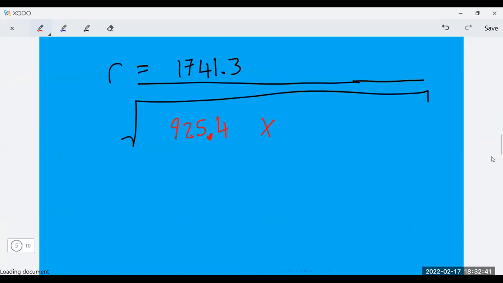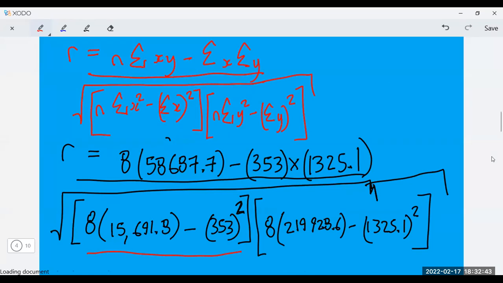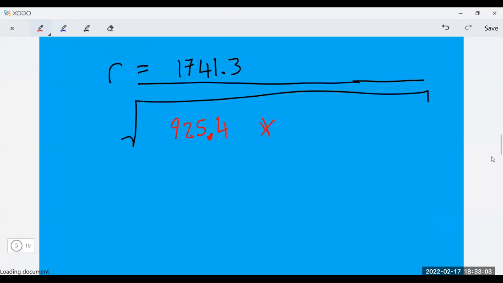Nice. Then we're multiplying it by the next part, 8 times 219,928.6. Close the bracket, minus, open the bracket, 1325.1 all square. And I get 3,538.79.